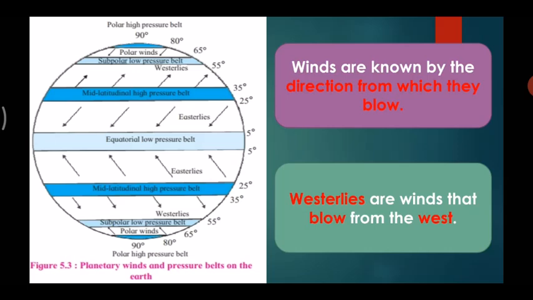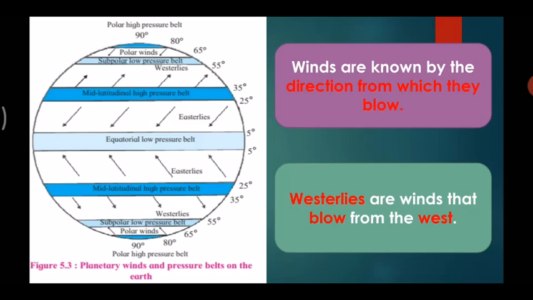And 55 degrees north to 65 degrees south in both the hemispheres, you can see the subpolar low pressure belt, and beyond that you can see the polar high pressure belt, which is from 80 degrees towards the poles in both the hemispheres. So this is what we learnt in the previous chapter, that were pressure belts. So you know pressure belts, okay?